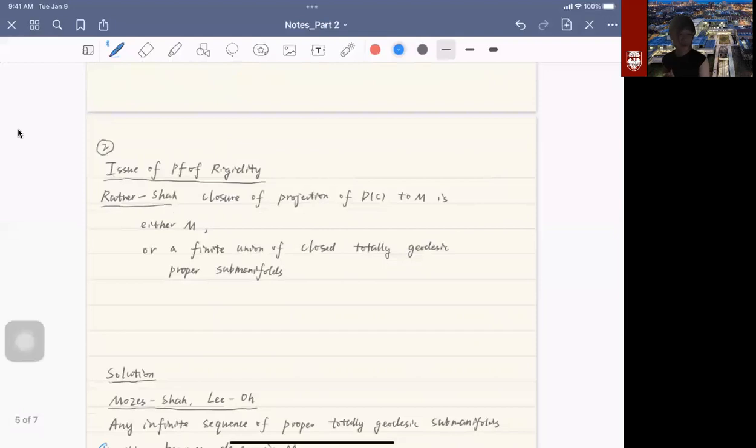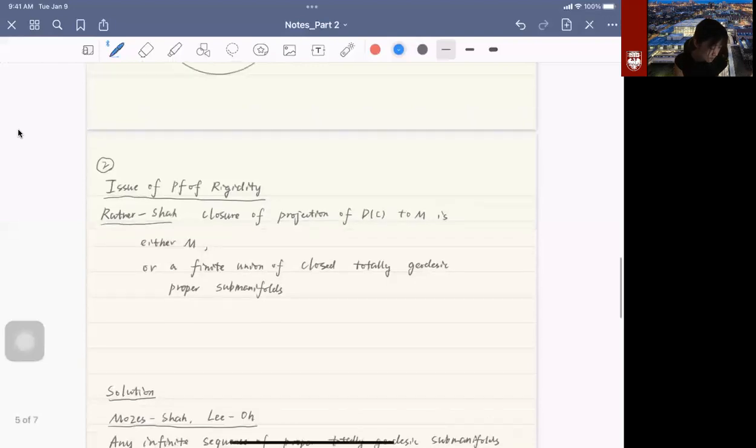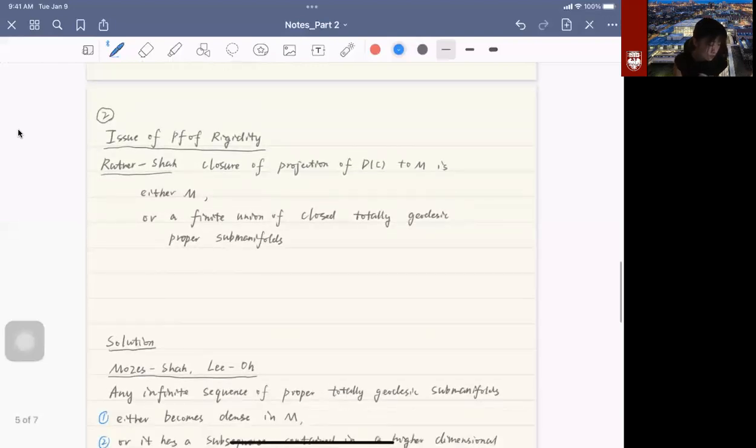Okay, now for the second part of the proof, when there's another metric with sectional curvature less than or equal to -1, the inequality part is the same, but we still have some trouble in the rigidity part. Like in the previous case, we used the theorem by Ratner and Shah.